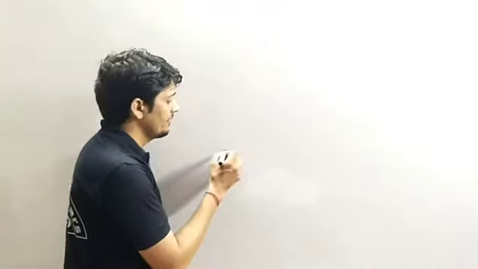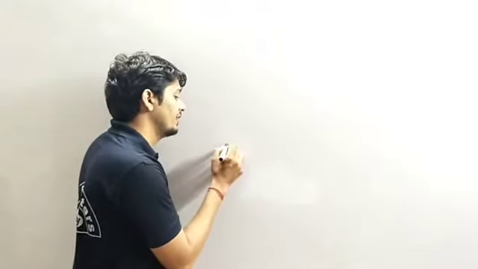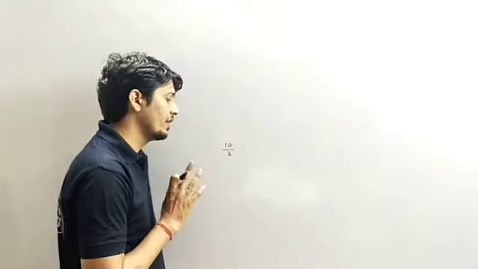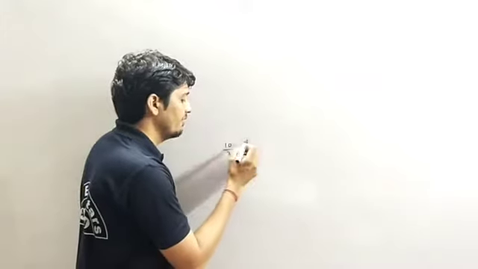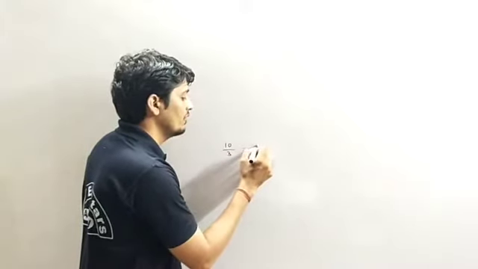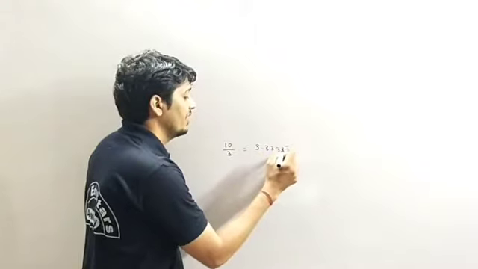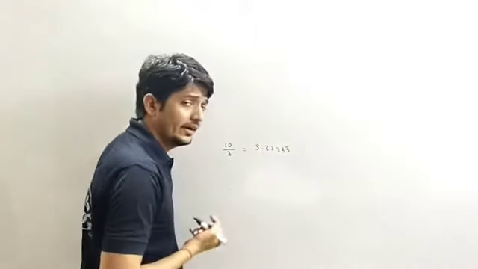So what are irrational numbers? Take an example: 10 divided by 3. If we solve it, we get 3.3333... Is this number going to end?